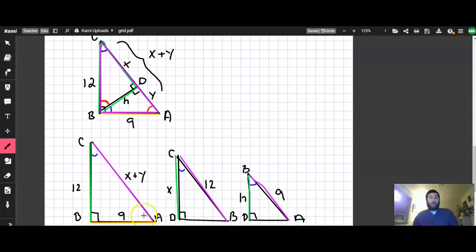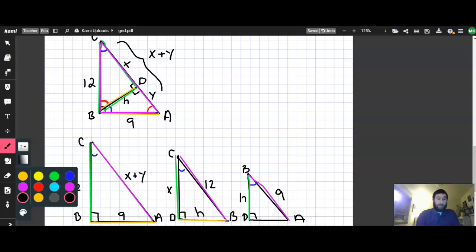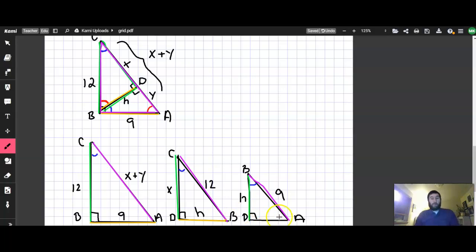So looking at the medium triangle, we're looking at the length from B to D, essentially from our 90 to our red angle. There's the 90, there's the red angle. That's the length we're looking for in our medium triangle, which is going to be our value of H. And so that length there is our value of H. And then looking from the length, that's the side from the red to the black, the red from the 90.